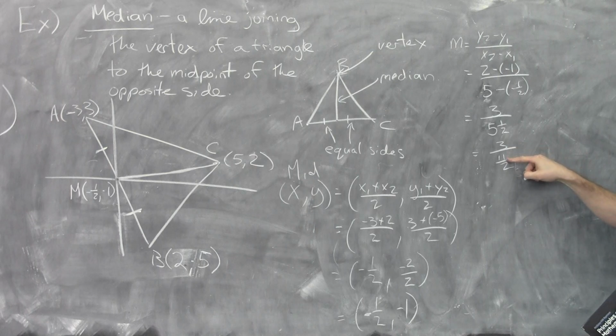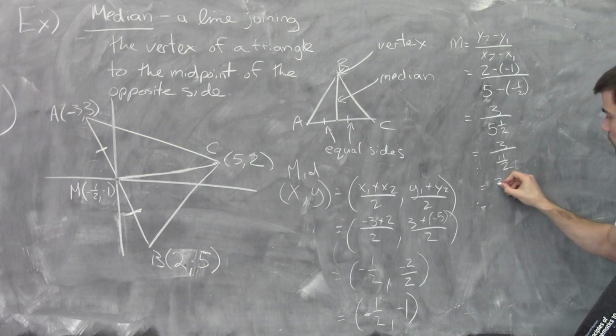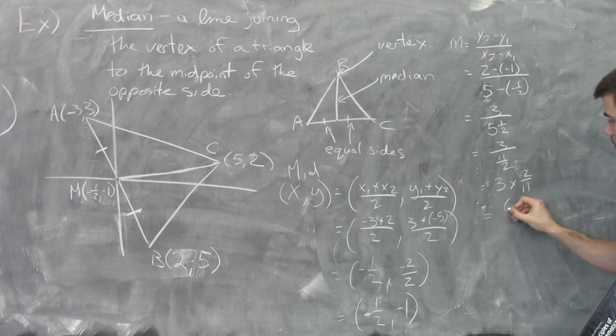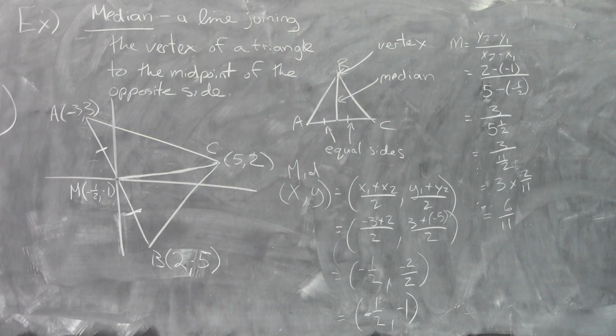And when I divide by a fraction, I multiply by the reciprocal. So this is 3 times 2 over 11, which is 6 over 11. Any questions there?